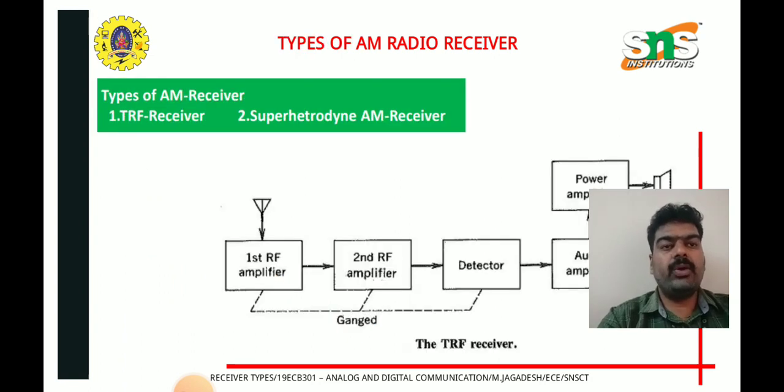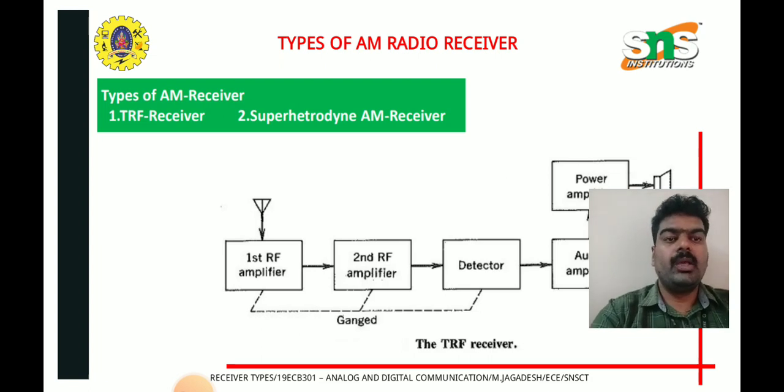On types of radio receiver, we have two types. One is the TRF receiver and another one is the superheterodyne receiver. So now let's see the TRF receiver. TRF means tuned radio frequency receiver. Here in the block diagram it is shown that we have a two-stage RF amplifier, and after that a detector, then an audio amplifier, then a power amplifier, then the output section.